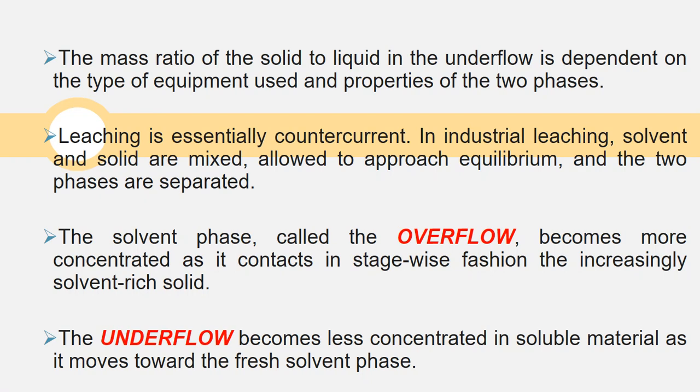Since the contacting of the two phases, the feed and the solvent, is countercurrent, your underflow is expected to reach the end where the solvent is entering your leaching system. So the underflow moves towards the fresh solvent phase, nearing that part of your equipment where the solvent is entering the system.